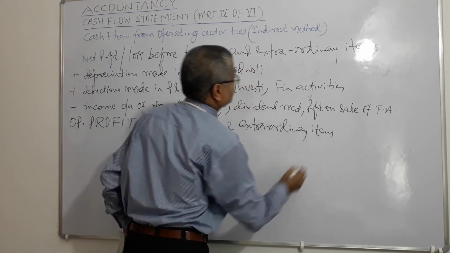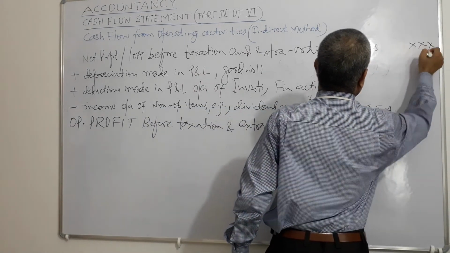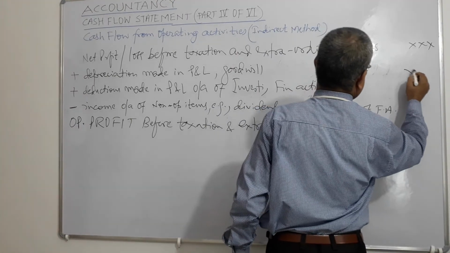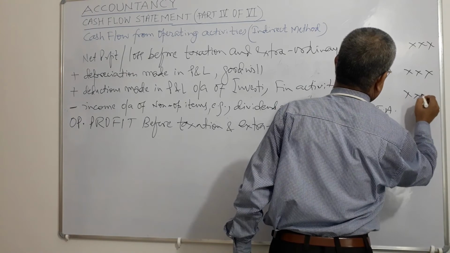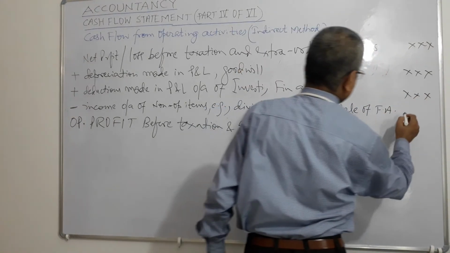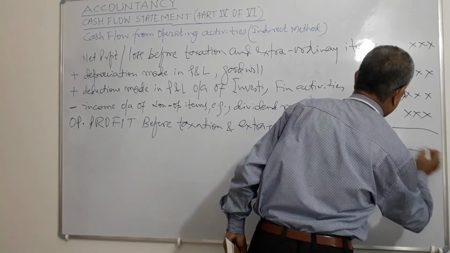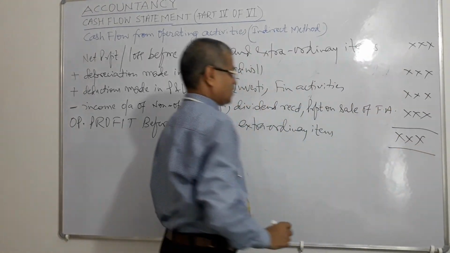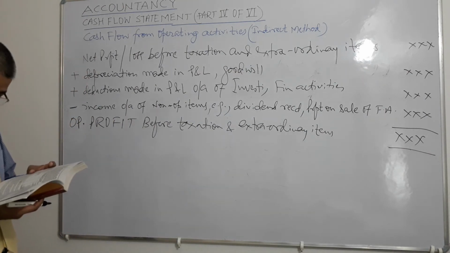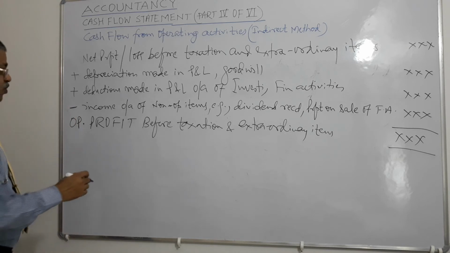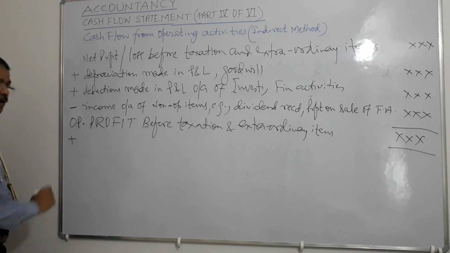Whatever figure we get here, suppose here we are getting this figure, we add the second one, we add the third one, then we deduct the fourth one, then we get operating profit before taxation and extraordinary items, right? In this, what do we do? Which we have already discussed. We will add, what do we add?